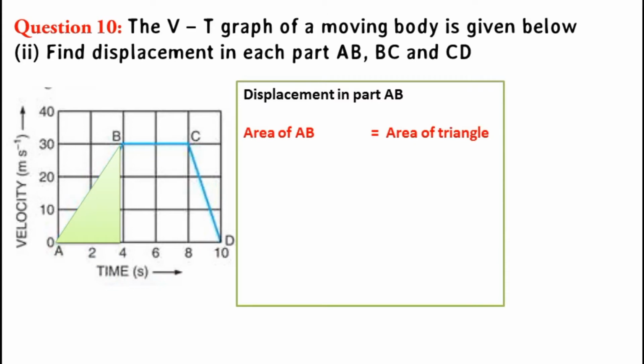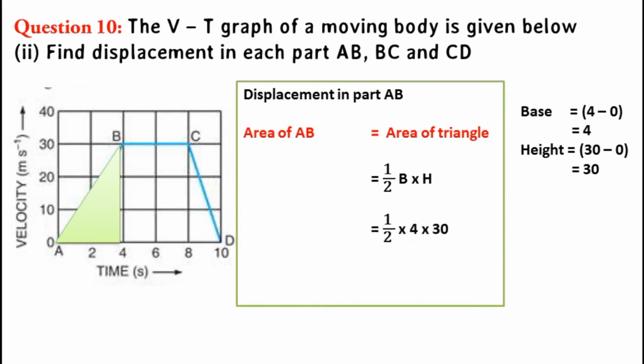So we have to find the area using the formula of a triangle. So the area of AB is equal to the area of the triangle, which is equal to half into base into height. Here base is given as 4 minus 0, which is equal to 4, and height is given as 30 minus 0, which is equal to 30. So substituting all the values in the formula, 1 by 2 into 4 into 30, which is equal to 2 into 30 is equal to 60 meter.